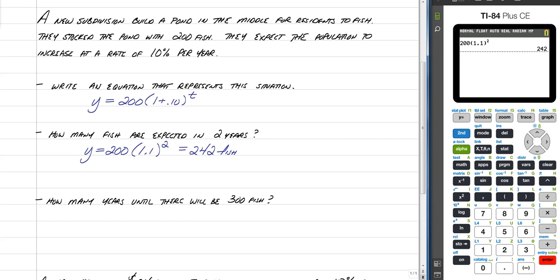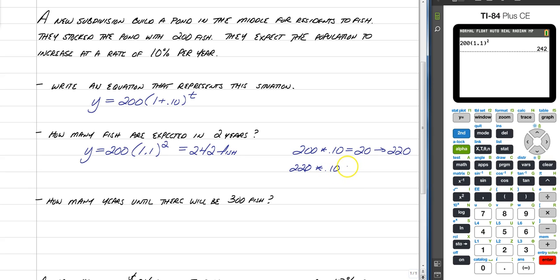Now, why does that work? Well, you're right. 10% of 200 is 20 fish. So if we take 10%, we get 20 extra fish. So you think 220 after that first year. But then the second year, there's already 220 fish in that pond.